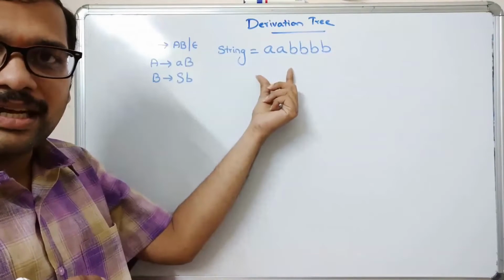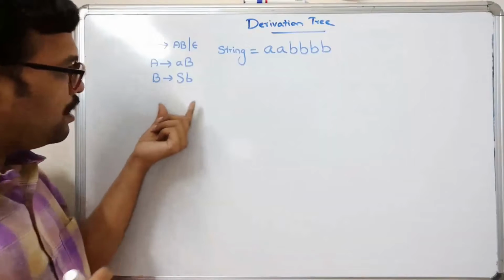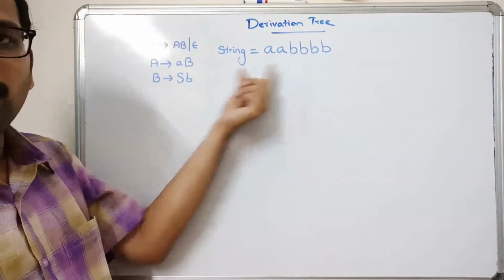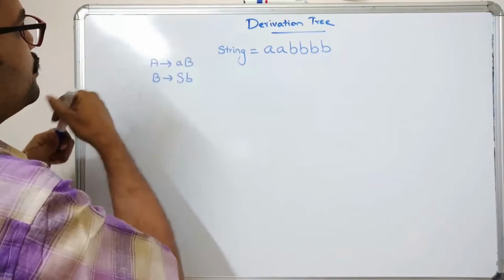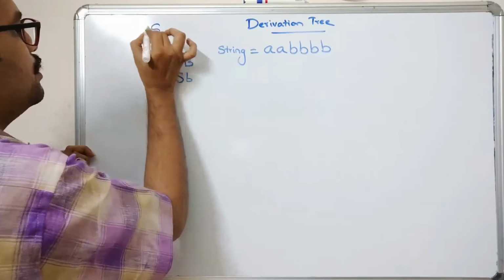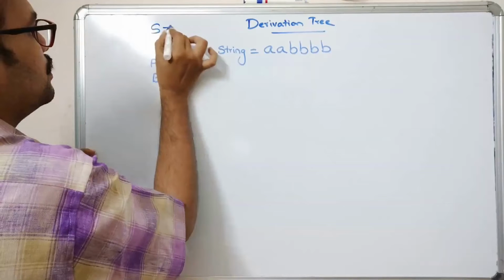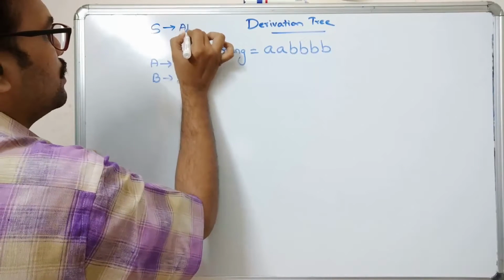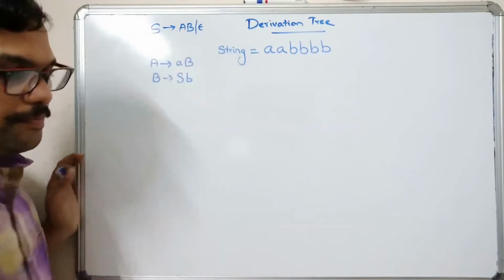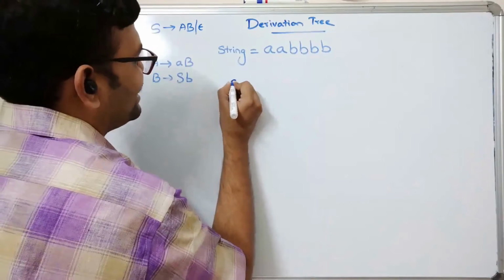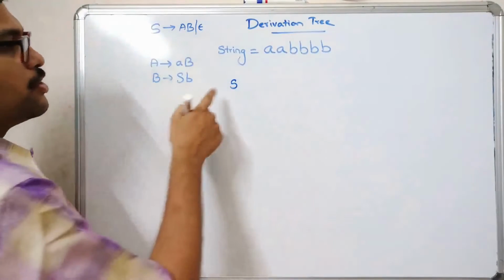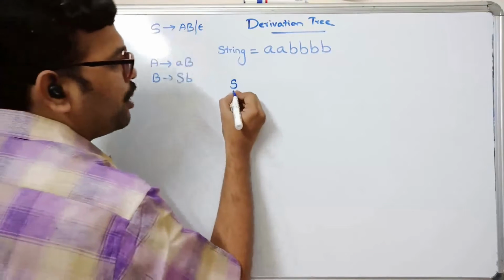Before constructing the derivation tree, first let us derive the string from the production rules. I will write this one above. Let me start with S. S can be substituted with AB or epsilon.